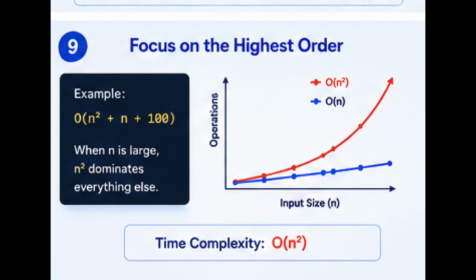The quadratic part is already much larger. If n is equal to 1000, then n squared becomes 1 million, while n is still only 1000. That's why we keep only the fastest growing term. So O(n squared plus n) becomes simply O(n squared).